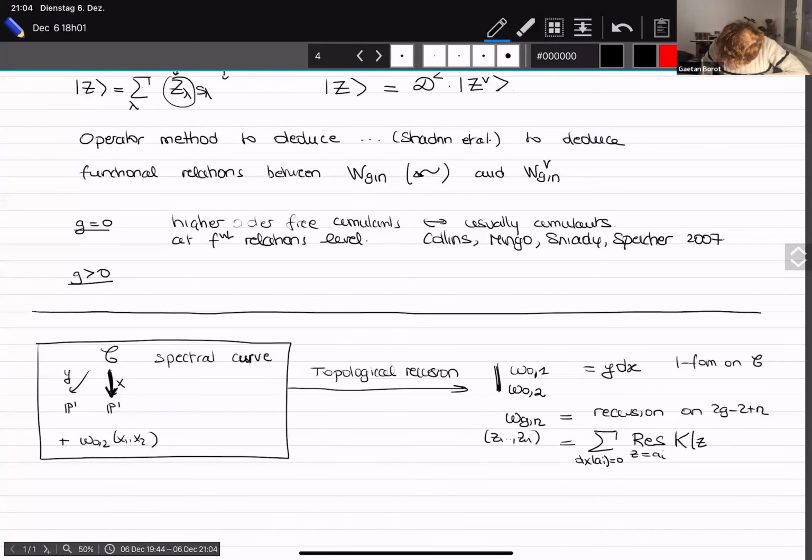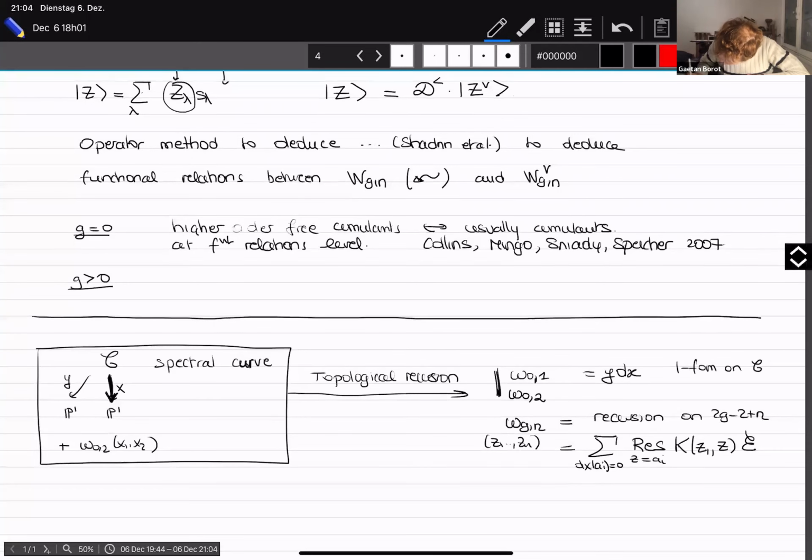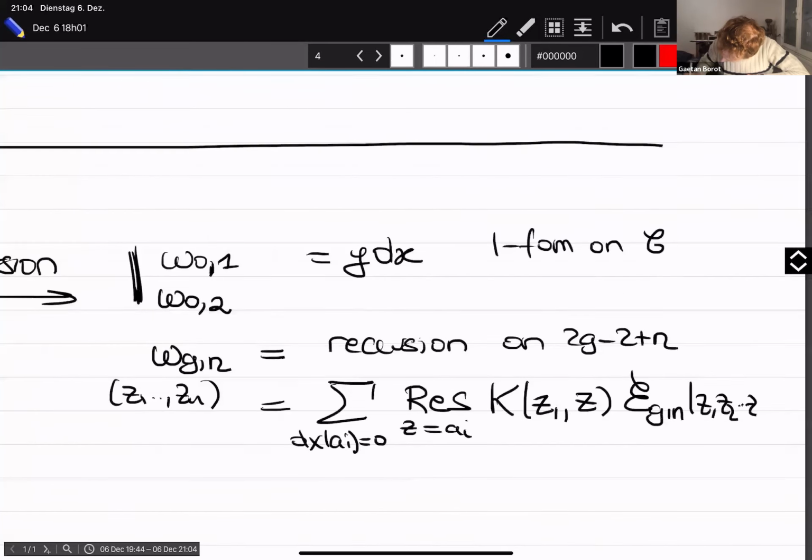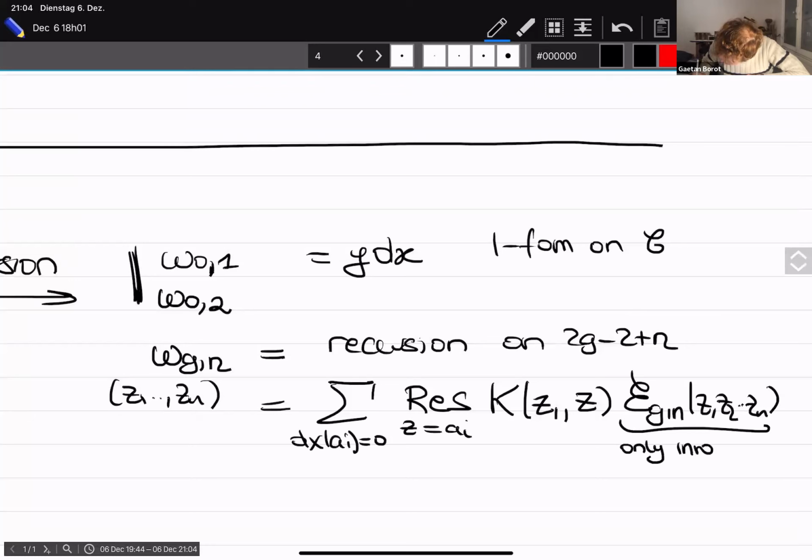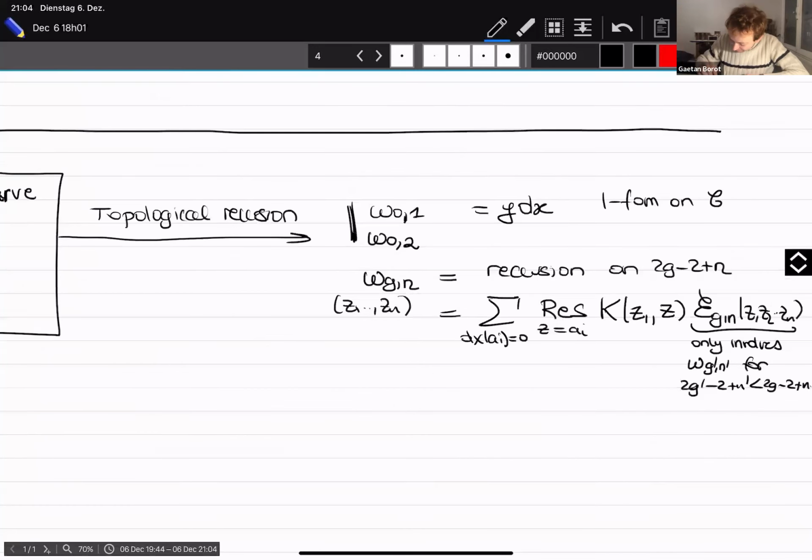And here there's something which depends on the rest of the variables, which only involves omega g prime n prime for 2g prime minus 2 plus n prime smaller than 2g minus 2 plus n, so that this is a recursion.